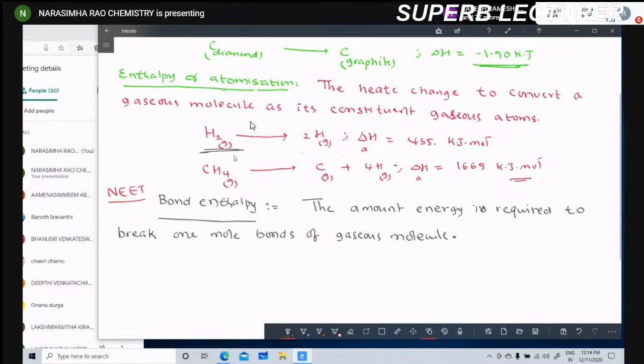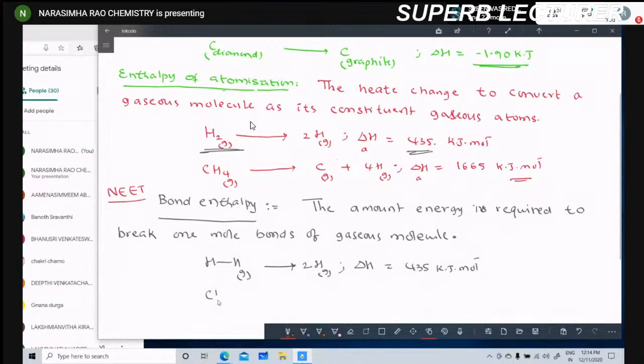We already discussed this in the above example. Hydrogen, in gaseous state, is converted into 2 hydrogen atoms in gaseous state. For this reaction, delta H is equal to plus 435 kilojoule per mole.